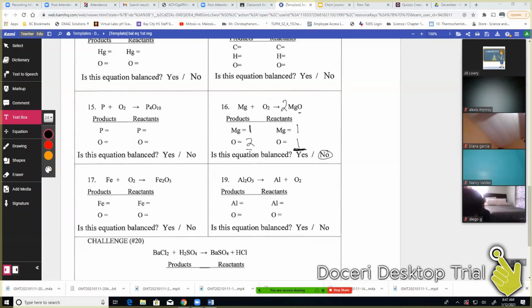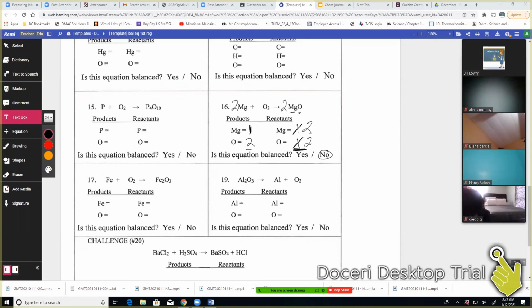So it's going to change my oxygen like I wanted it to, but it also changed my magnesium. Instead of 1 magnesium, now I have 2. But that's easy. If I have 2 here, I'm going to come back over here where I have 1. And what coefficient do I need to put in front of it? A 2.